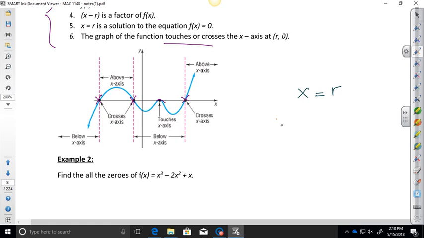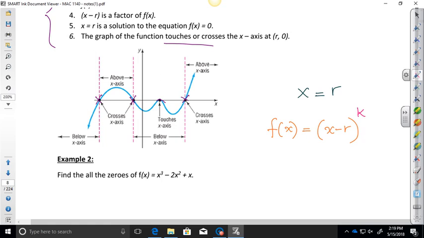Then we know the function has a factor which is x minus r. It has to have a factor x minus r. Otherwise, you wouldn't get x equals r as a zero because we are setting this to 0 to solve. And there will be an exponent for this. That number is called the multiplicity, the exponent of that factor.